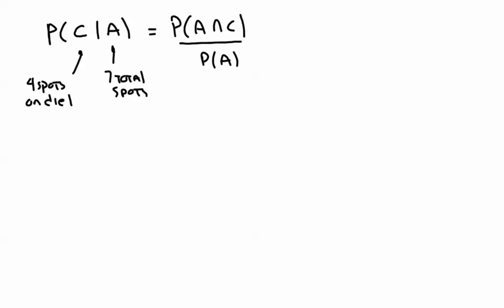This is 1/36 divided by 1/6, which is 1/6. The probability of having 4 spots up on die 1 if I know that there are a total of 7 spots is 1/6.